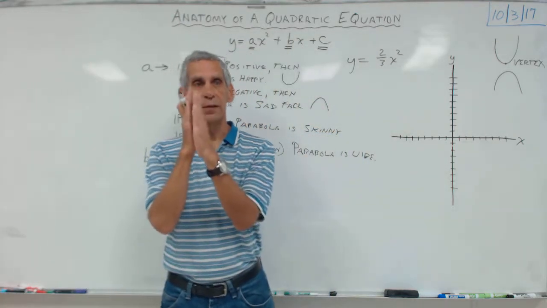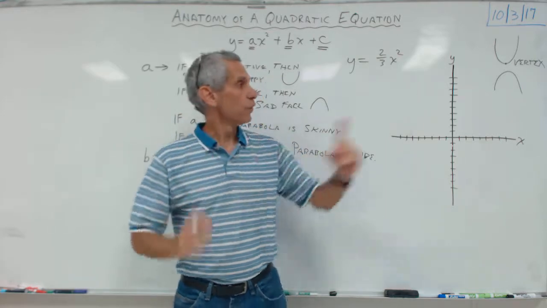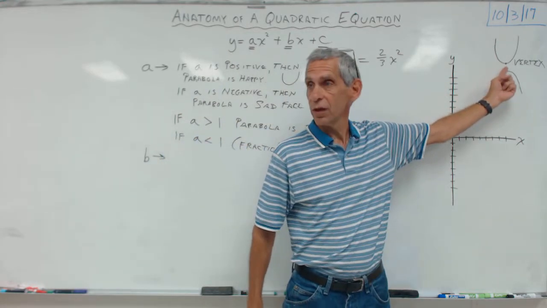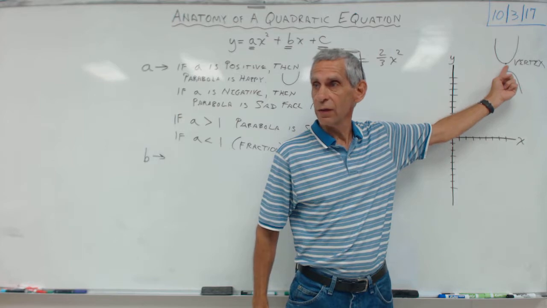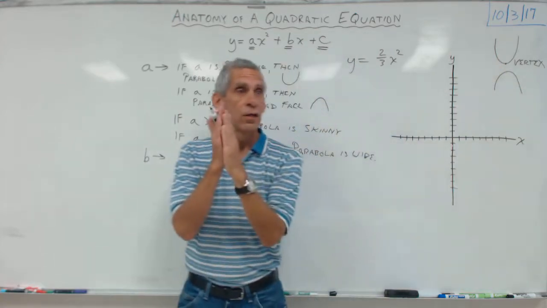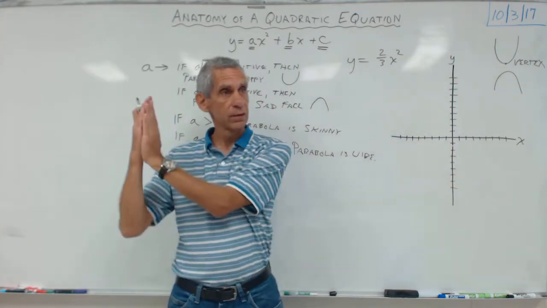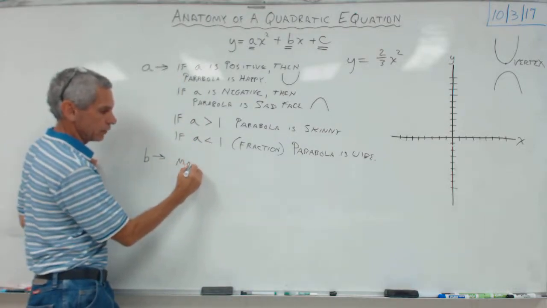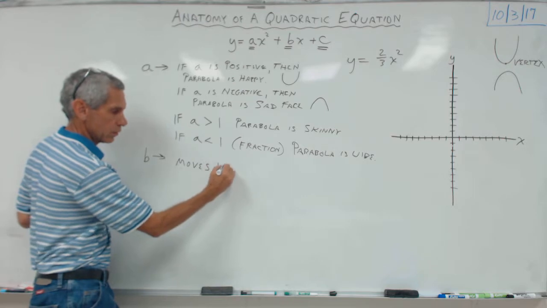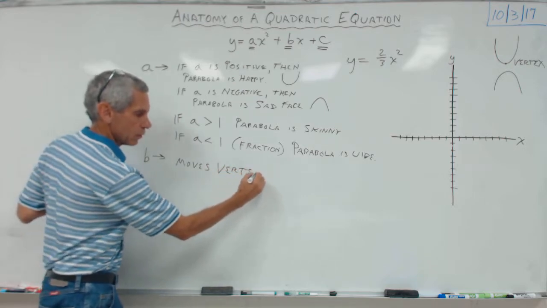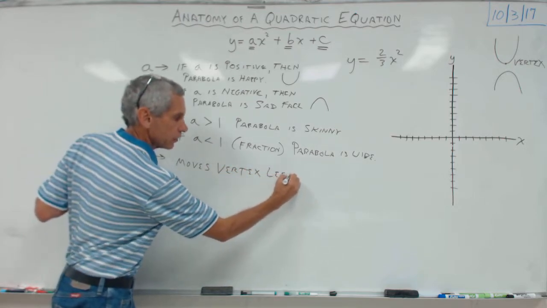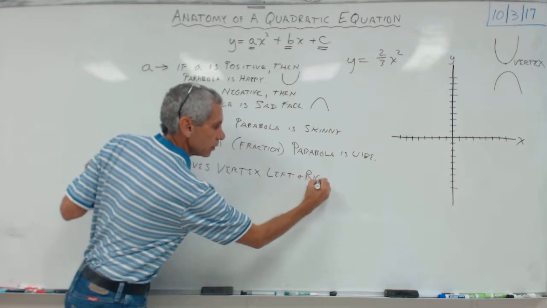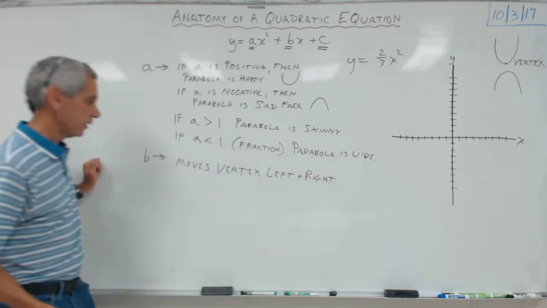What B does is it moves the vertex, this little point where it turns around, back and forth. It moves this vertex to the left and to the right, all right? So B moves the vertex left and right.